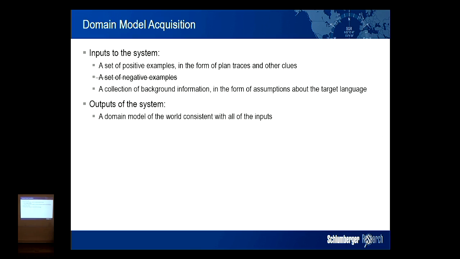That would be another way to do these things. And a collection of background information, and typically these are assumptions about the target language that we're looking at, right? So you make some assumptions that we're using STRIPS without any conditional effects, or some of these things, and that allows you to construct solutions appropriately.